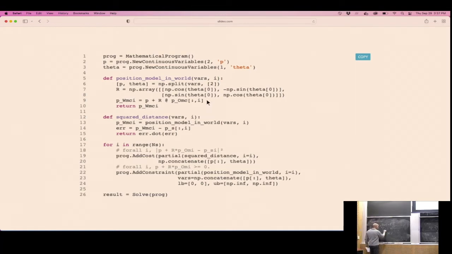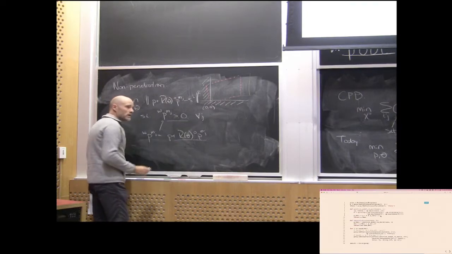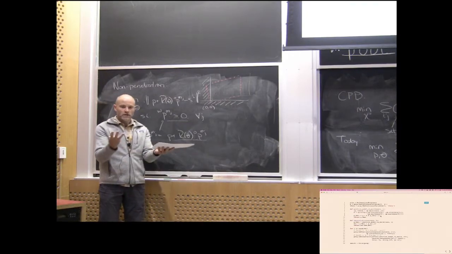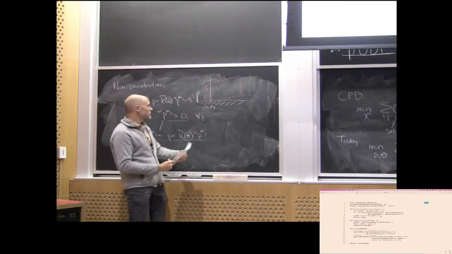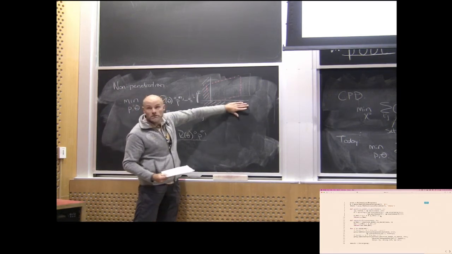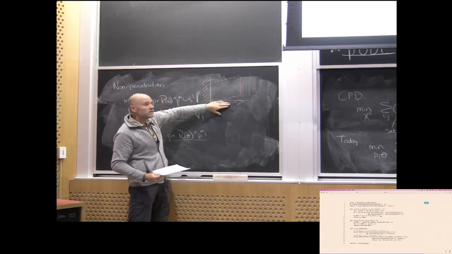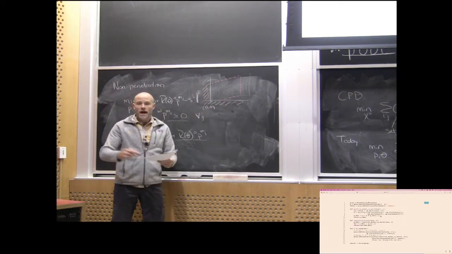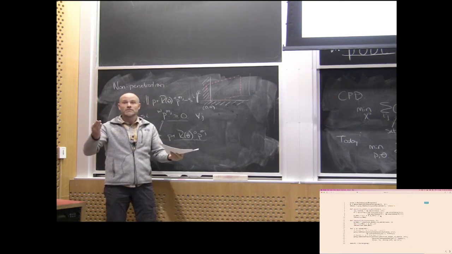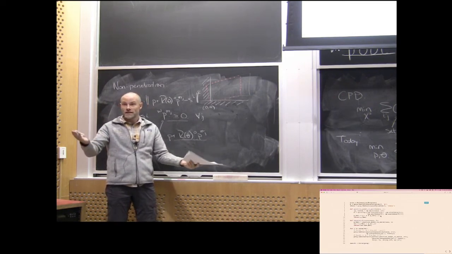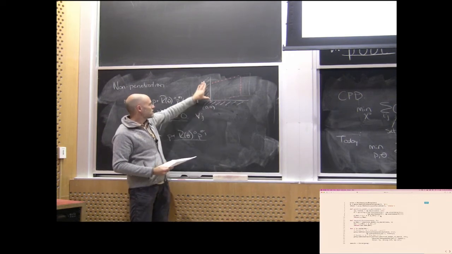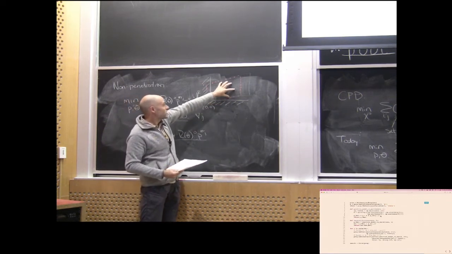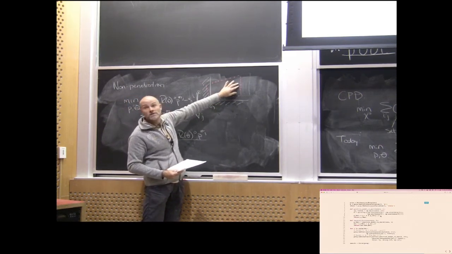The generalization of this idea is, in general, you can say I have multiple models, or maybe the world is part of my model. It could be a function of the decision variables, or it could just be welded to the world. That's fine. In general, you might say, I want to search for Q, the positions of my kinematics, such that the bodies match the points.